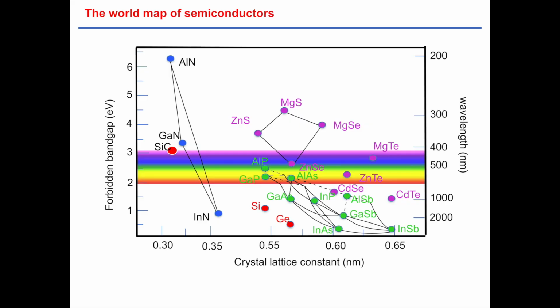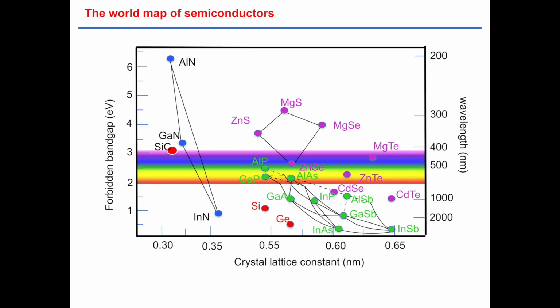And so, when we want to do light-emitting diodes, and what is interesting, the light-emitting diodes in which we're interested are in the visible range, we have to look at the world map of semiconductors, and we see that a few semiconductors have a band gap where we will emit light in the visible, and the best semiconductors that we have is the nitride family of semiconductors.